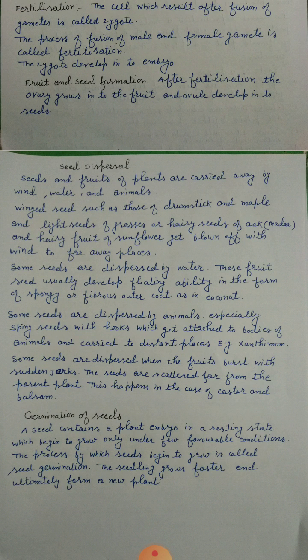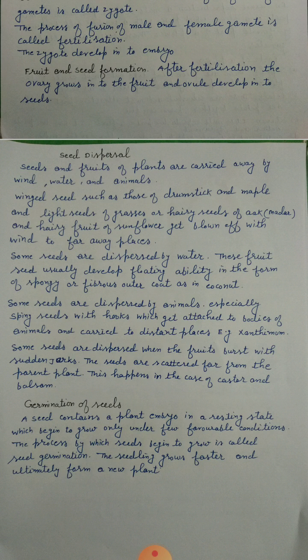Winged seeds such as those of drumstick and maple, light seeds of grasses, hairy seeds of ak and madar, and hairy fruits of sunflower get blown off by the wind to far away places. You must have seen pine trees in hilly areas; the seeds of pines can travel a very long distance, even 100 kilometers, because they have wings, they are lightweight, and they are protected by the seed coat, which protects them even in harsh environments.